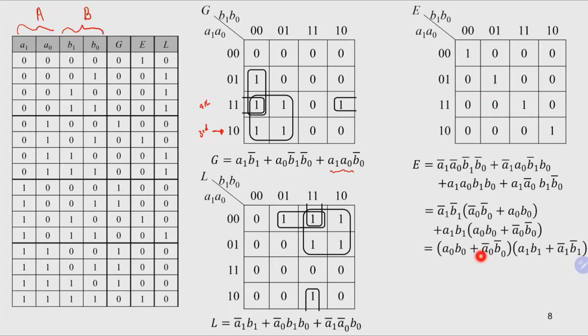And if we do that, we can show that this is actually an exclusive OR function. Once we have all our Boolean expressions, we can build our combination circuits to build our 2-bit comparator.